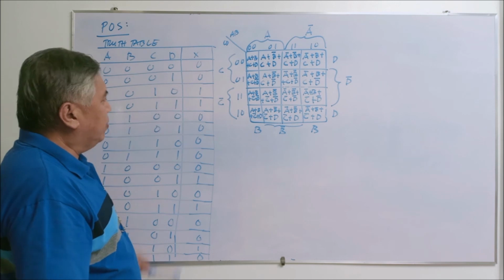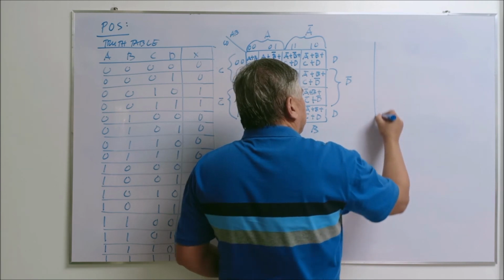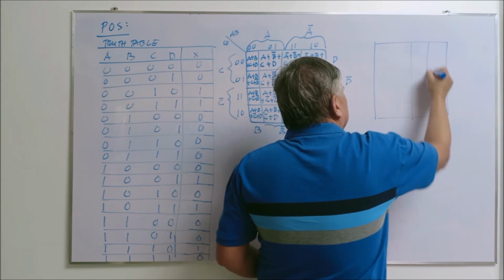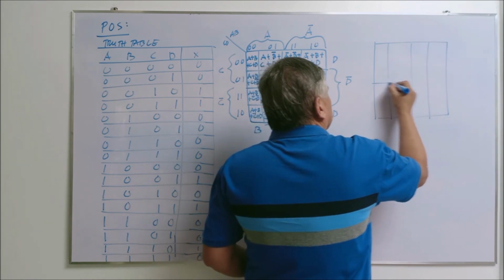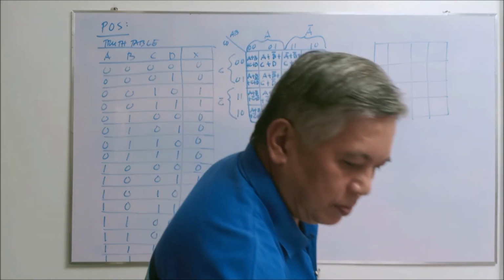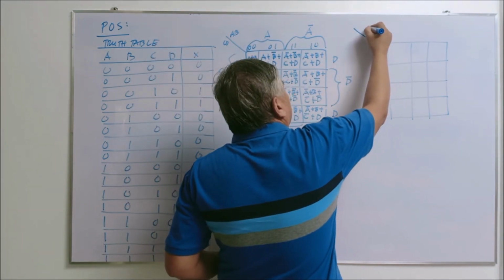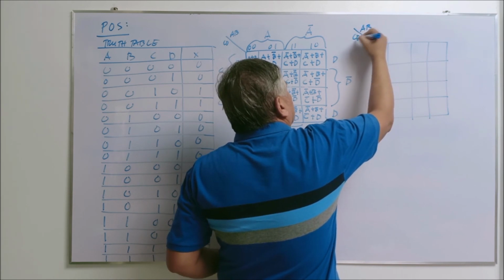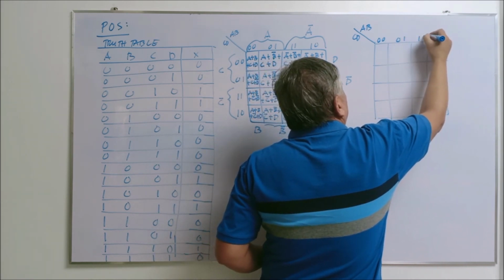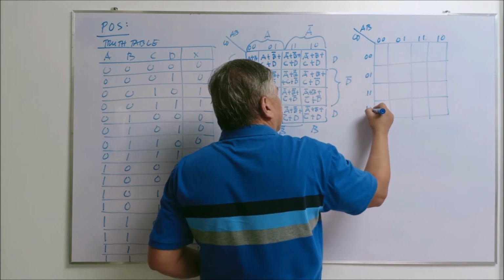Then we locate the X here in our map. So we draw here a map again. Then you have A, B, C, D, with values 0, 0, 0, 1, 1, 1, 1, 0, 0, 0, 0, 1, 1, 1, 1, 0.